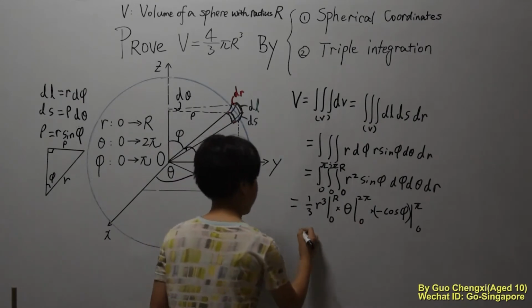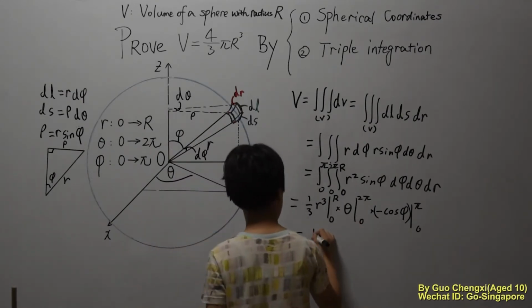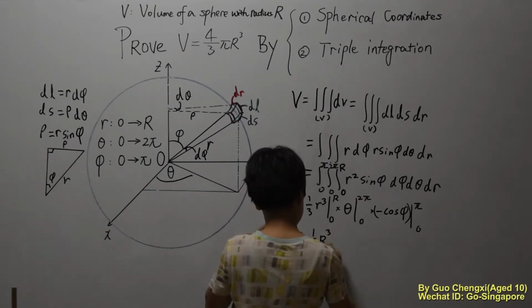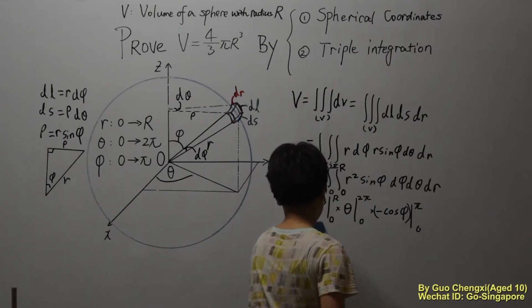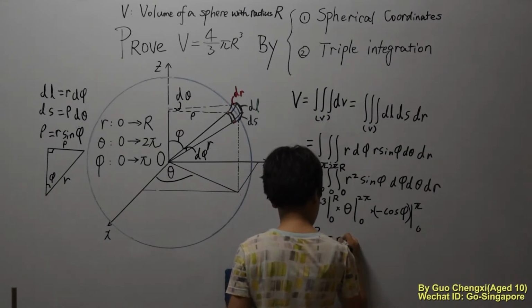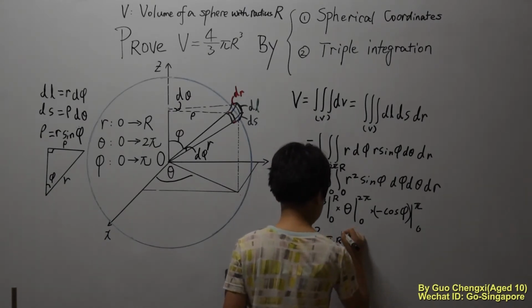Now over here it is 1 over 3 r cubed, times 2 pi, so you'll get 2 over 3 pi r cubed.